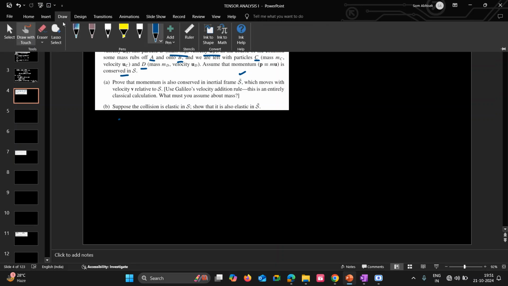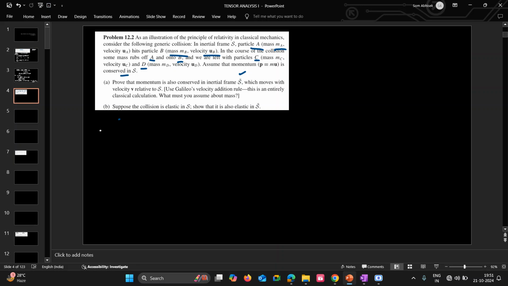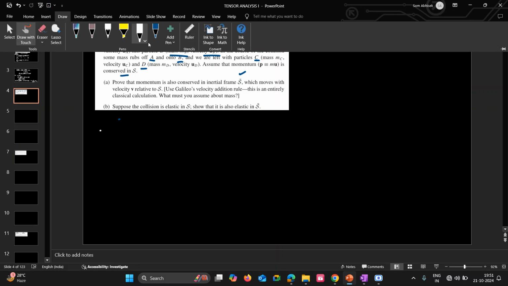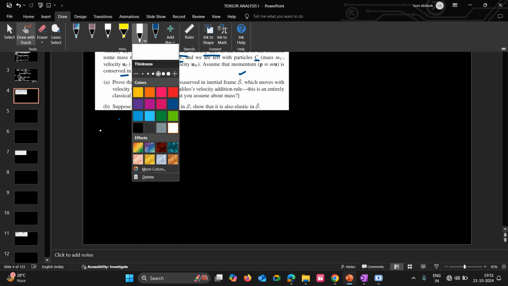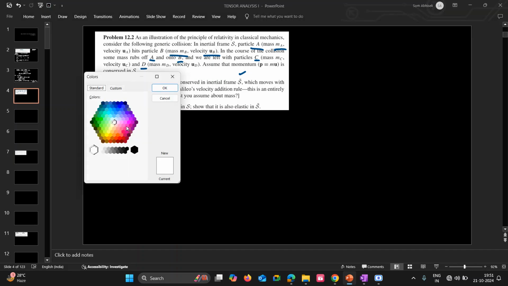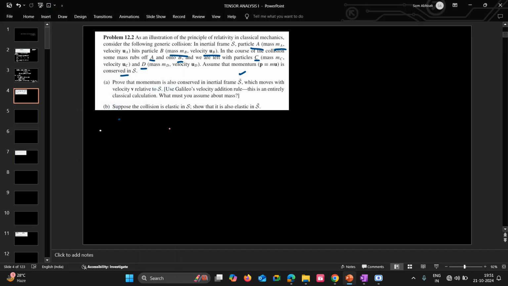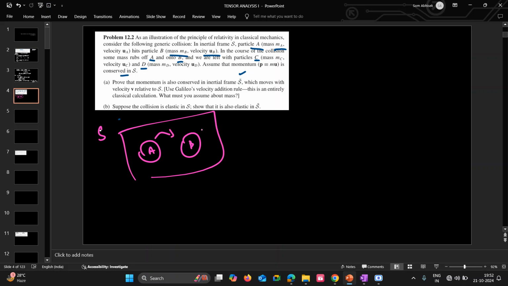So let's write down all the data that is given in the question. First, MA is a particle in reference frame S. There is your A and B. They collide with each other, and after collision, some mass of A goes to B. We are left with particles C and D in the same frame.